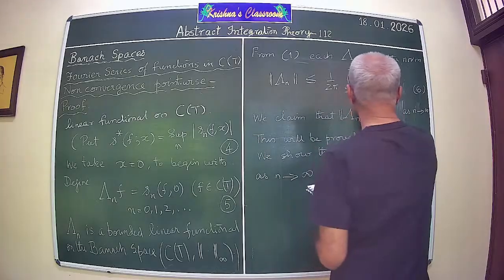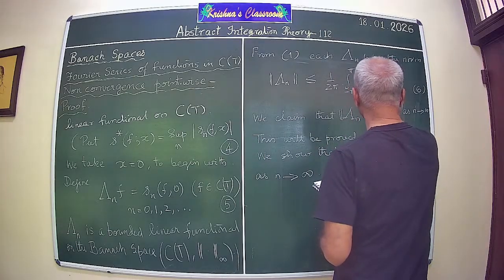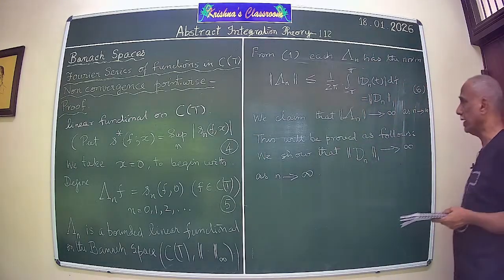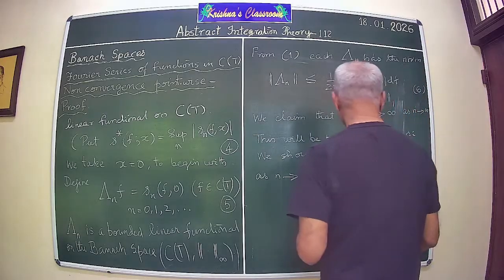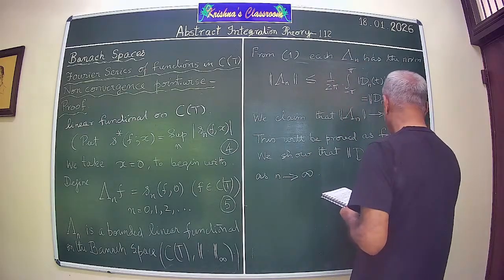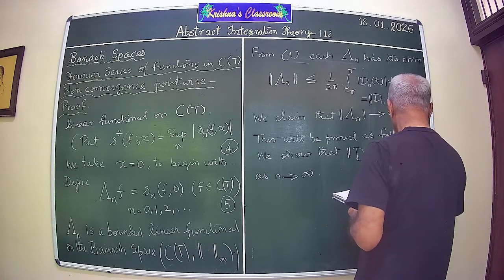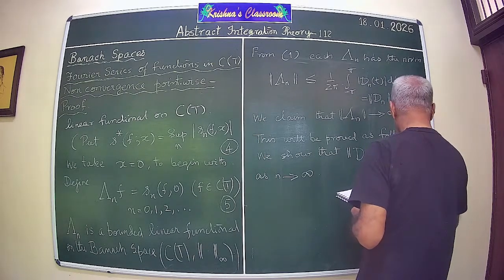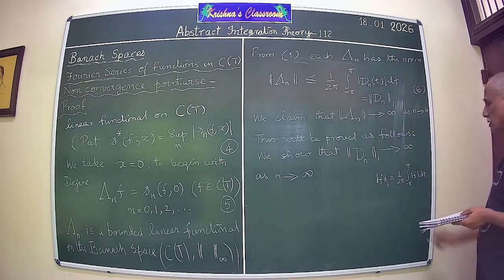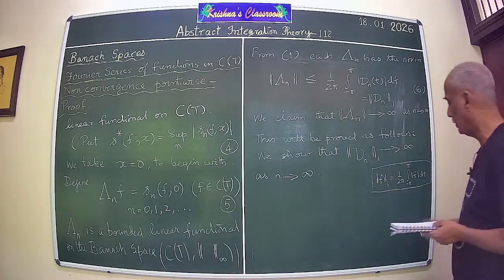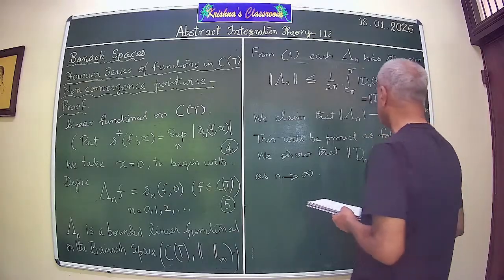Now this of course we have as the norm of dn in 1, where norm dn 1 is this. See, the norm of f in 1 is 1 by 2 pi integral from minus pi to pi of mod f. This is your definition of norm 1, and use that on the function dn.